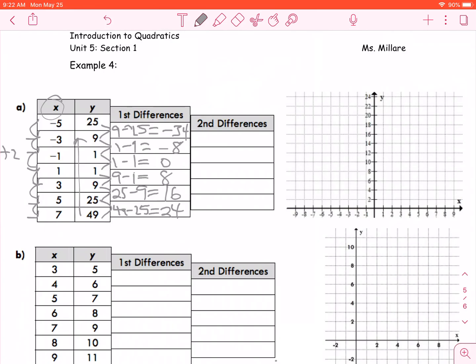So now we're going to take our differences and we're actually going to calculate our second differences. What am I thinking? It's early. That said negative 9. Okay, so 9 take away 25, negative 16. Perfect.